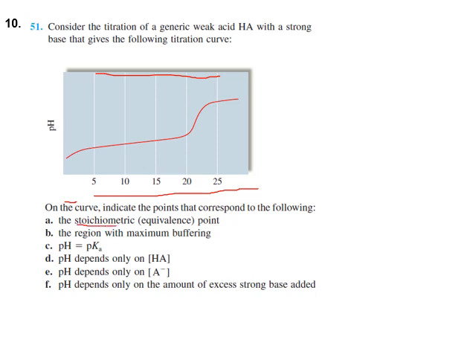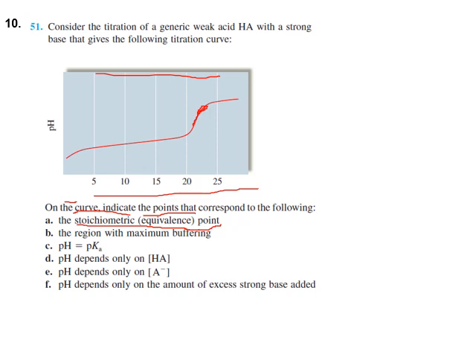A, the stoichiometric equivalence point. Some books call this the equivalence point, some call it the stoichiometric point. We're calling it the equivalence point, and as we said in lab, it's where this curve stops increasing in slope and starts decreasing in slope.